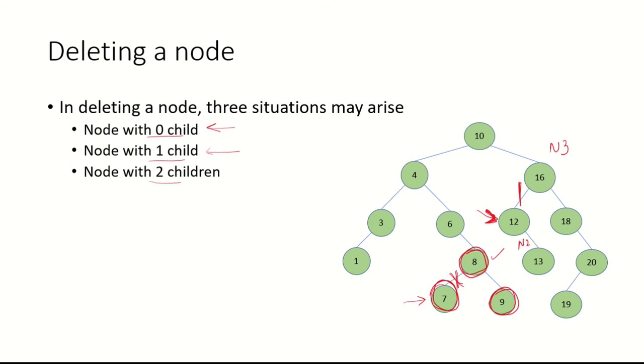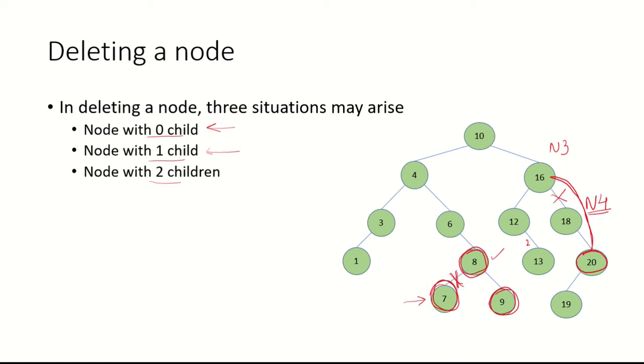Suppose this node is n4. It is having 1 child, 20, in its right subtree. If we want to delete n4, we have to break this link with its parent, and 20 will be attached to the parent node of n4.